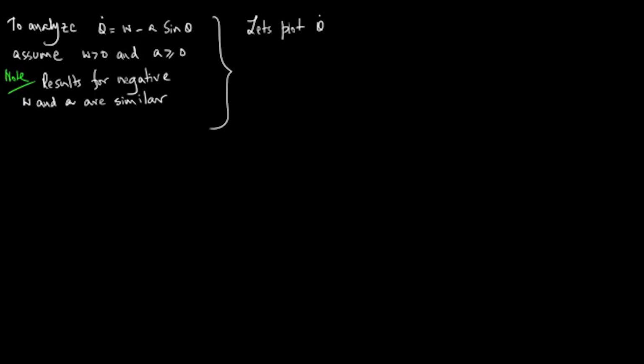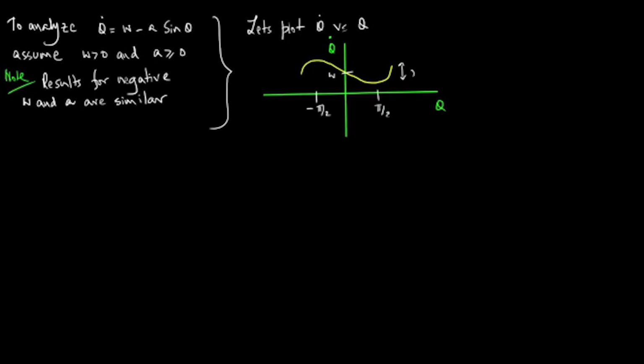So now let's plot theta dot versus theta. Note that omega is the mean and a is the amplitude.